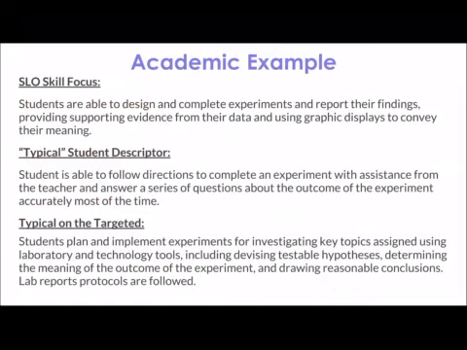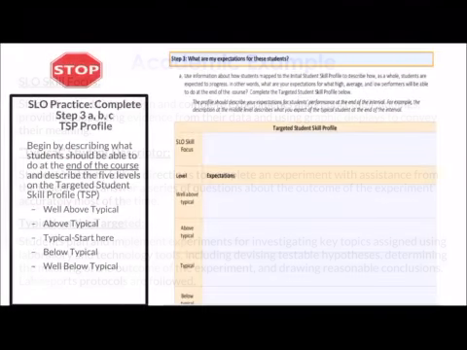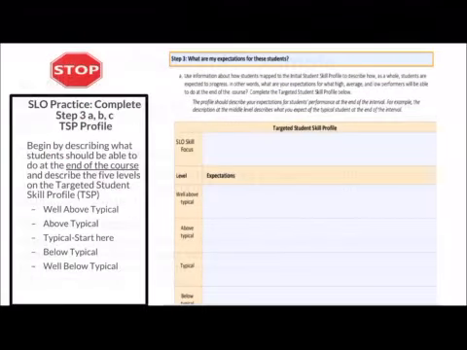Lab report protocols are followed. As you can see, the student has grown tremendously in their ability to complete an experiment. We're looking at typical at the beginning and typical at the end, and the growth that happens throughout that process.